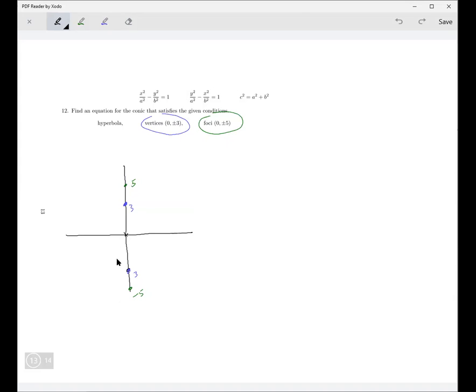And because it has to go through this point, y has to be able to be 3 when x is 0. Okay, so these points are on the graph. So for example, 0, 3 is on the graph. It has to satisfy the equation. If you try to put it into here, there's no way you can get this to work.